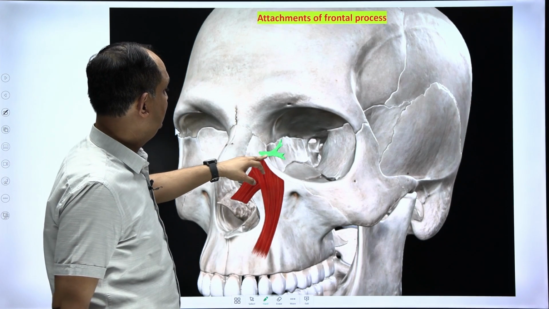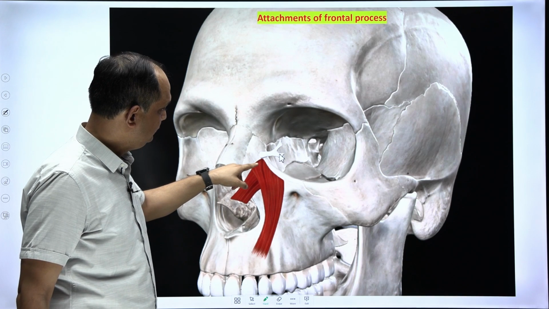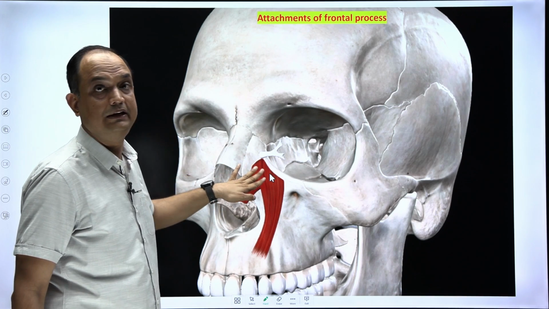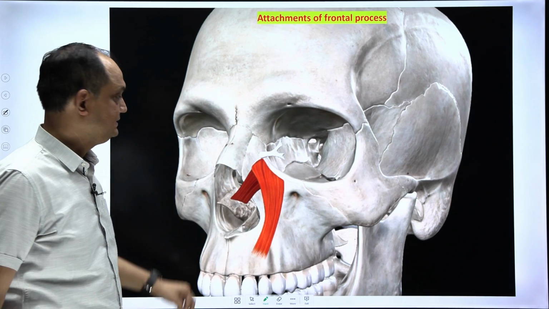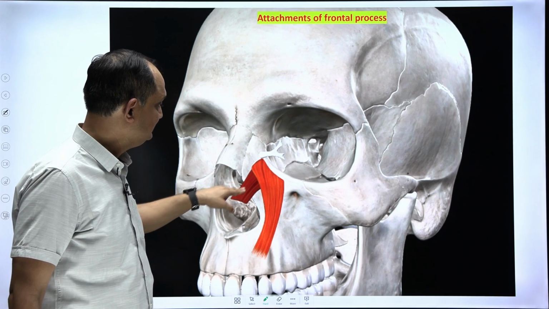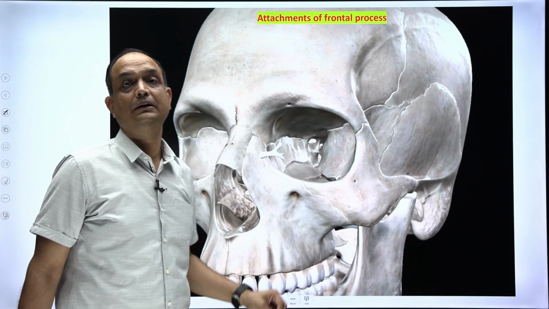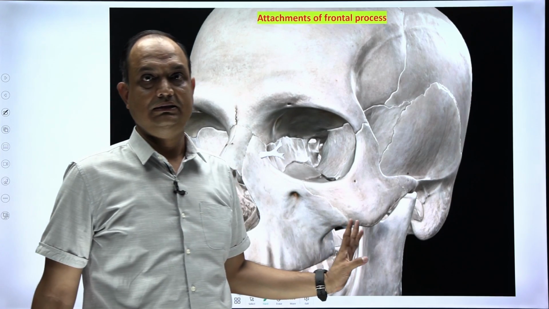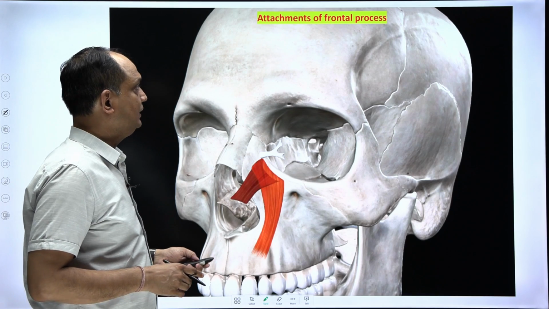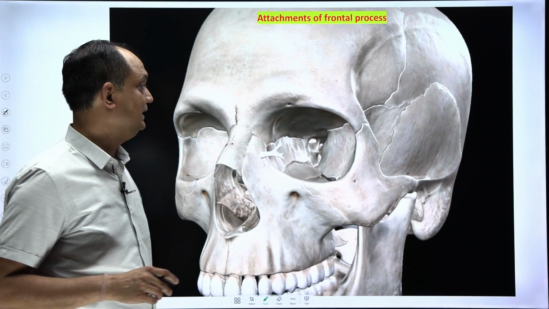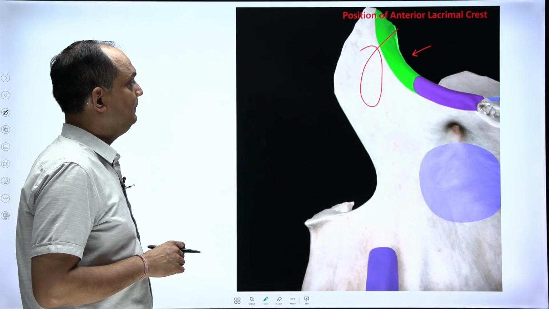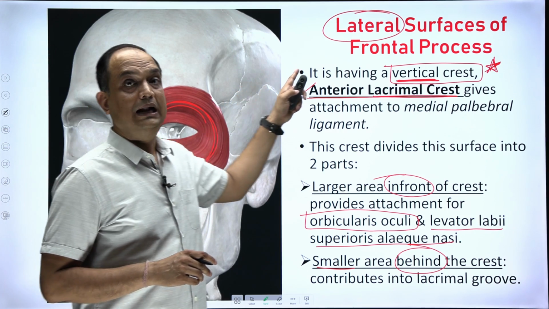Now below the medial palpebral ligament, here you can see this lateral surface of the maxilla is giving attachment to the muscle which is known as levator labii superioris alaeque nasi. Clear?